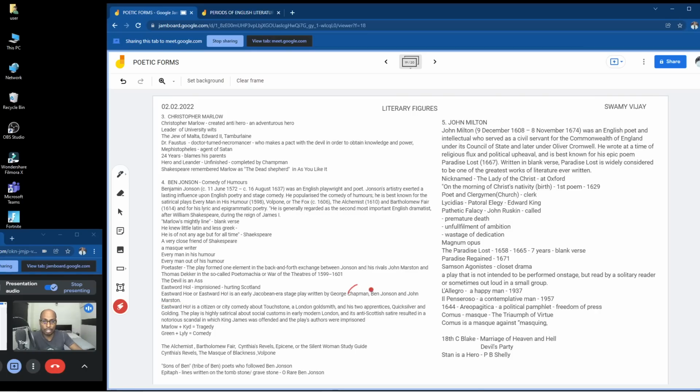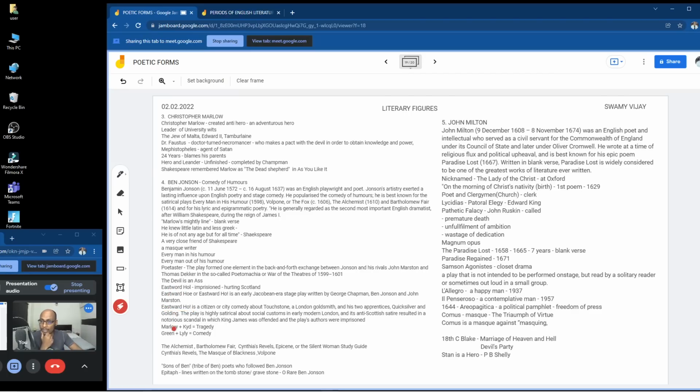It is a city comedy about Touchstone, a London goldsmith, and his two apprentices, Quicksilver and Golding. The play is highly satirical about social customs in early modern London, and its anti-Scottish satire resulted in a notorious scandal in which King James was offended and the play's authors were imprisoned. So Ben Jonson was imprisoned after enacting this play, Eastward Ho.